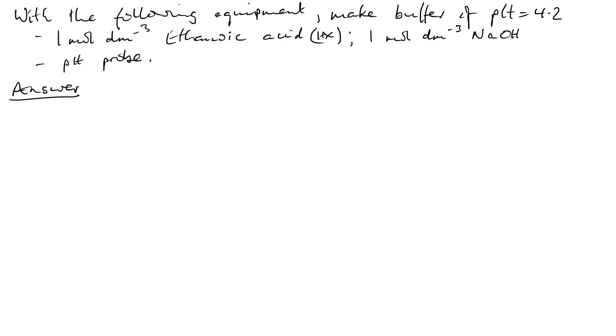We're going to make a random buffer. We don't know what the pH is going to be, but we do need to remember that moles of sodium hydroxide needs to be less than moles of ethanoic acid. They're both 1 molar concentration. So let's have 100 cm cubed of ethanoic acid, and let's say 50 cm cubed of sodium hydroxide.